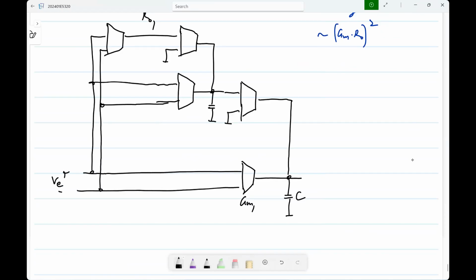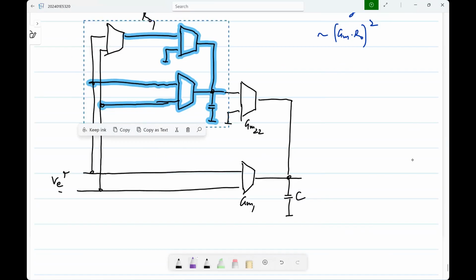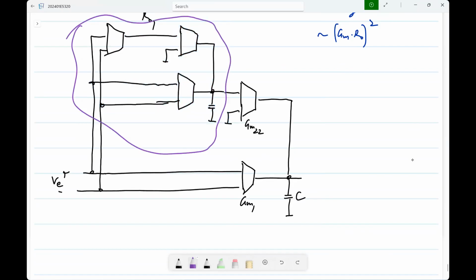This is VE. This I can call GM22. And this whole thing is the integrator controlling GM22. Okay. Right.